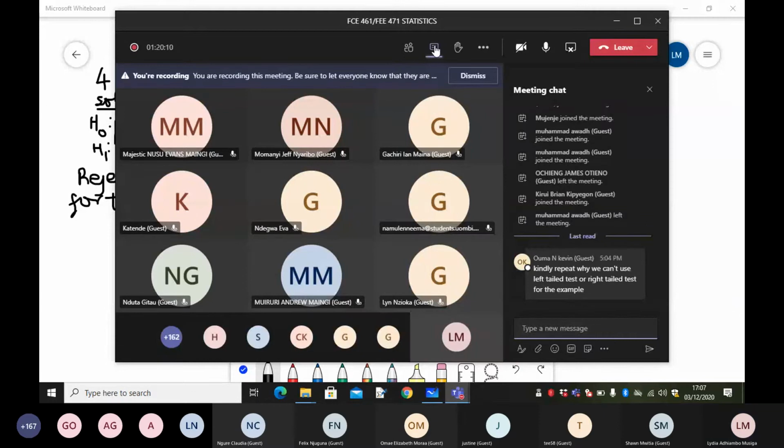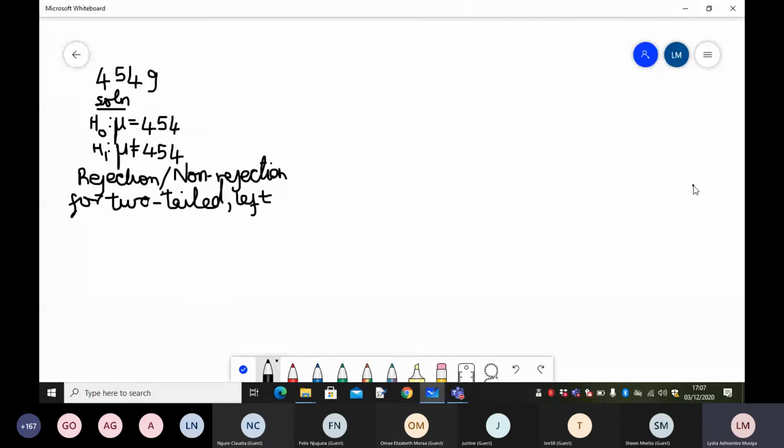Kevin is asking. Okay, he wants a clarification as to why we cannot use left-tailed or right-tailed for the example that I considered about the 454 grams. What happens is we need to understand the story. In that story, we were not told that the mean net weight of the bags is greater than 454.